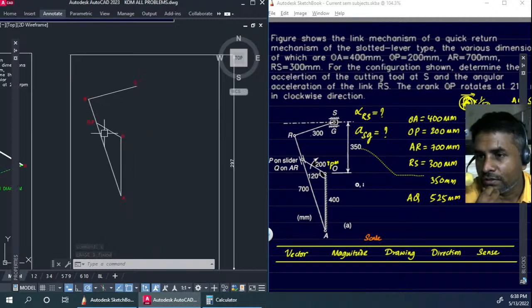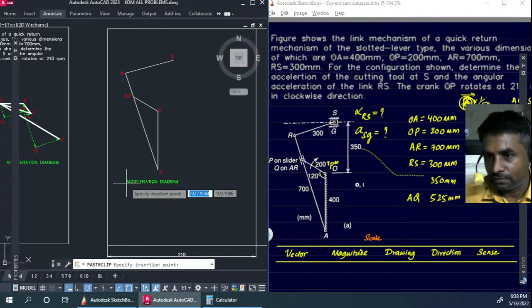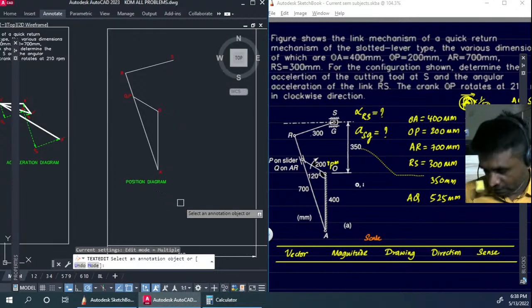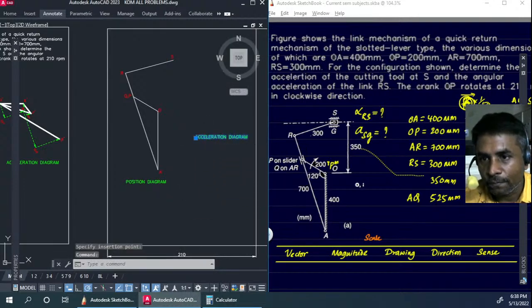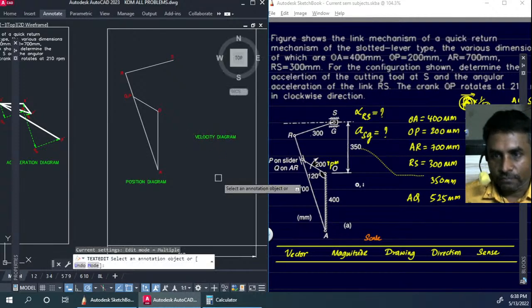So with this information, we got to start building our next diagram, that is the velocity diagram. Here what we have is the position diagram, and next what we have to start doing is the velocity diagram.